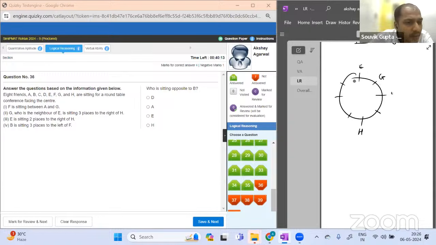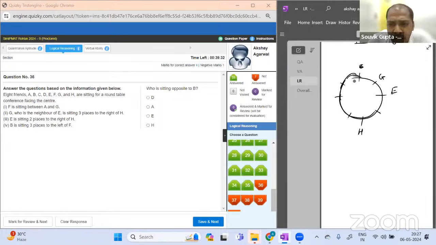F is sitting between A and G. E is sitting 2 places to the right of H. Okay, E is here. B is sitting 3 places to the left of F. I'm just confused.